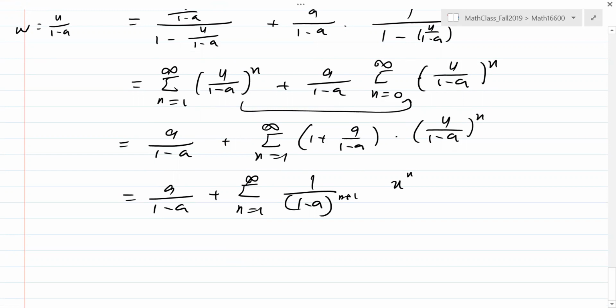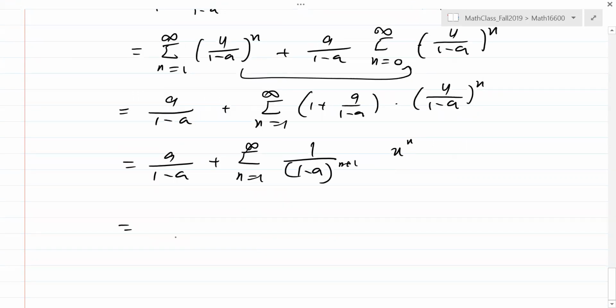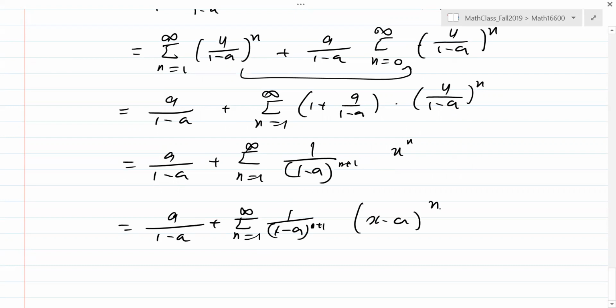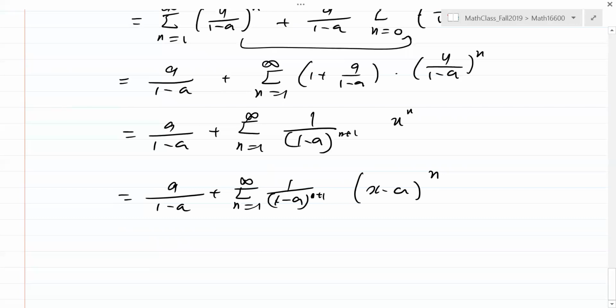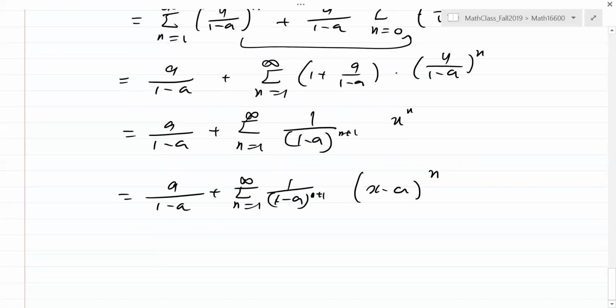Since u is x minus A, I can simply replace it by x minus A. So this is a power series. It is convergent when the absolute value of u over 1 minus A is less than 1.